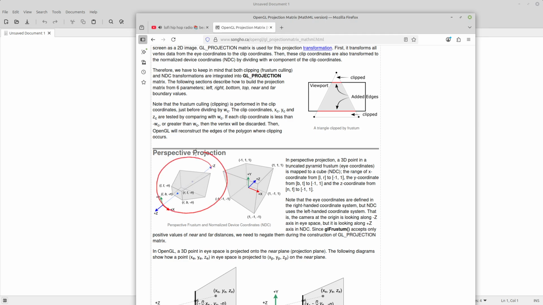We have this here, which is the truncated pyramid frustum, the eye coordinates. There's some point in here that is kind of our scene. We have some point in this scene in eye space.